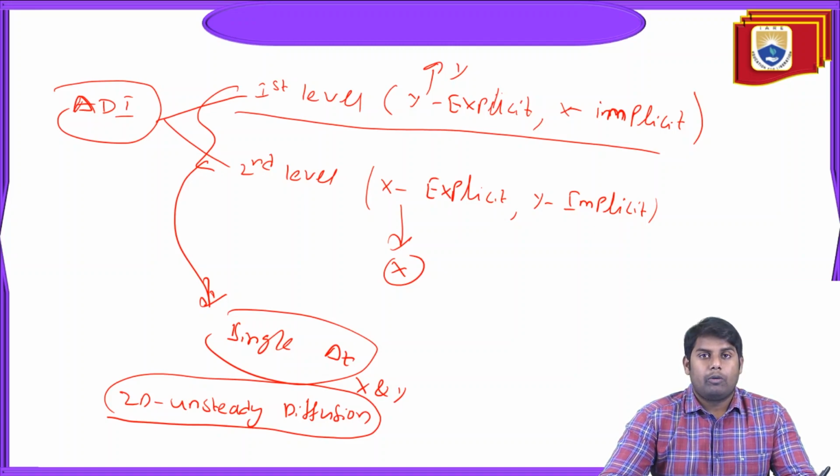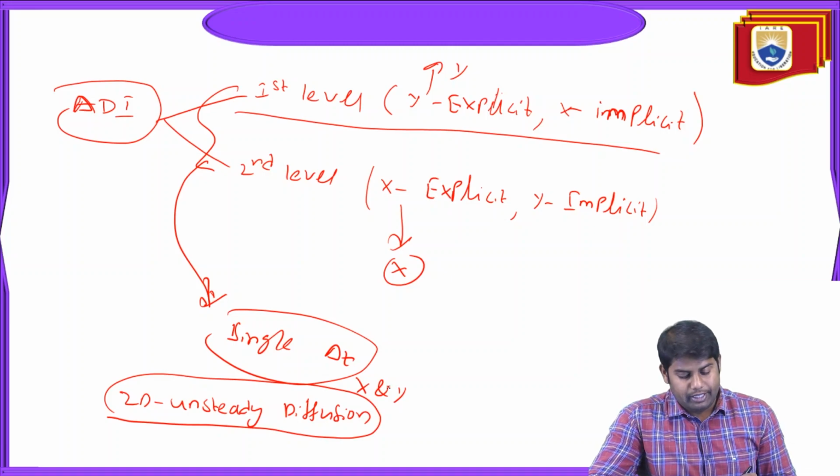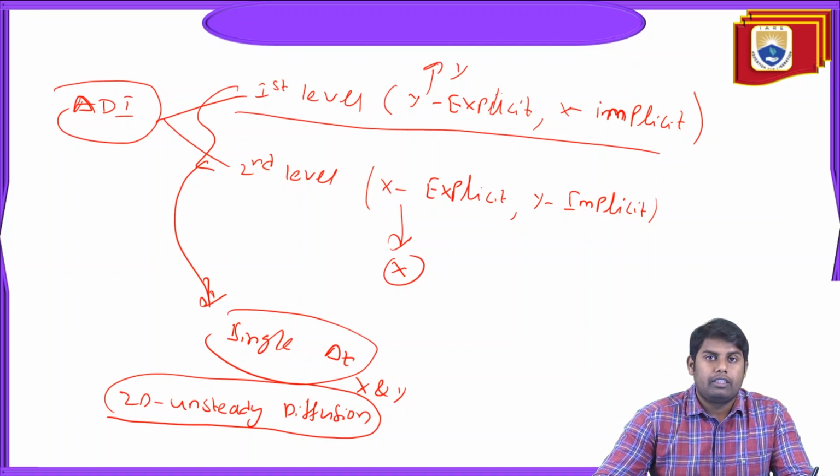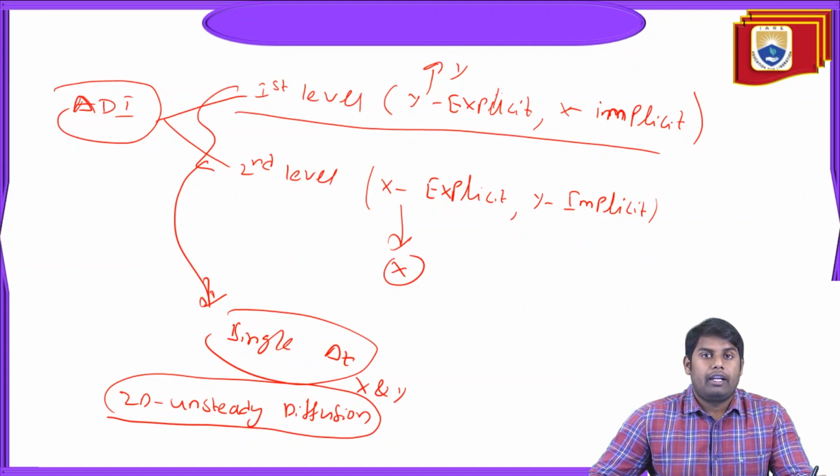Okay, so hope this is clear. In the next session, we will go for the other time levels and see the other numerical schemes and how they vary when compared to the ADI method.